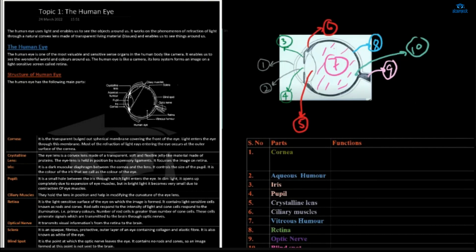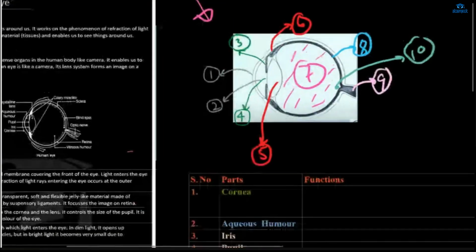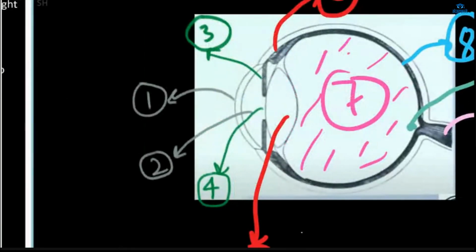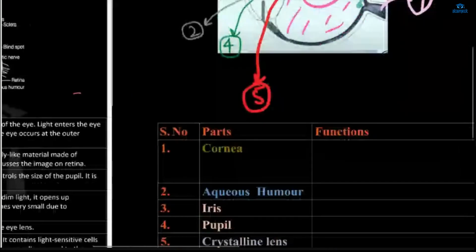Fine, so first we'll study its parts. I have mentioned it's quite complicated, so I drew another diagram, which will be easy for you to understand. The first part is the outer layer, the most outer layer of the eye, which is the cornea.